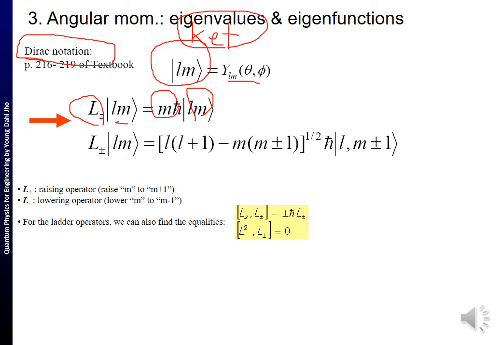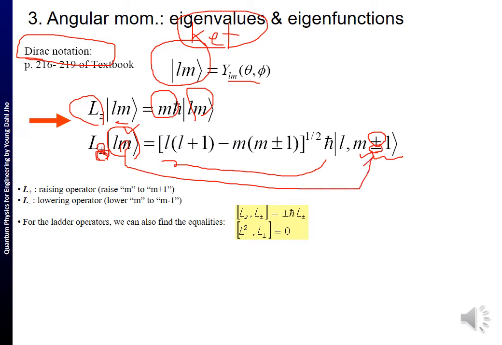And also the raising operator and lowering operator work on this |L M>, but they change this quantum number, the z directional angular momentum quantum number, multiplied by a certain value. So please note that L plus acting on this |L M> gives |L, m+1>. This is the result of the L plus operation, and the L minus operation will reduce the quantum number m into m minus 1.